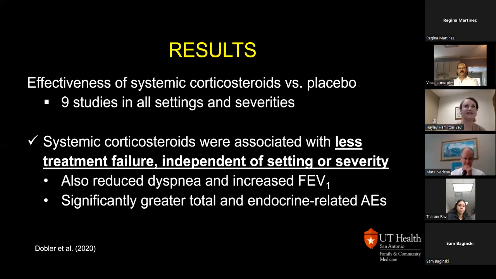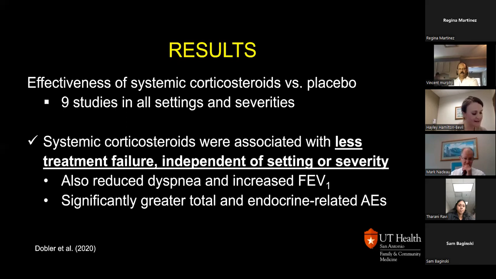However, they didn't note a statistically significant number of adverse effects for the antibiotics group. However, for the studies that looked at systemic corticosteroids, there was a significantly greater total and endocrine related number of adverse events. So that is something we will also cover.